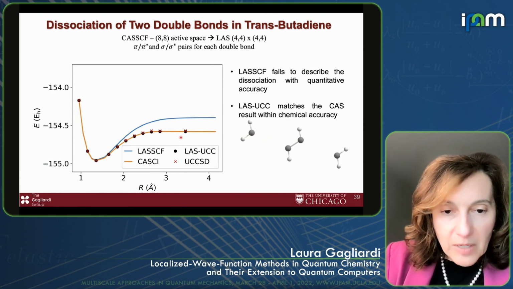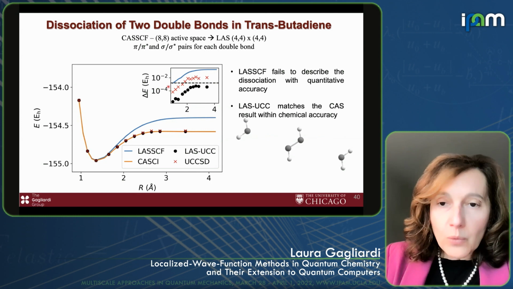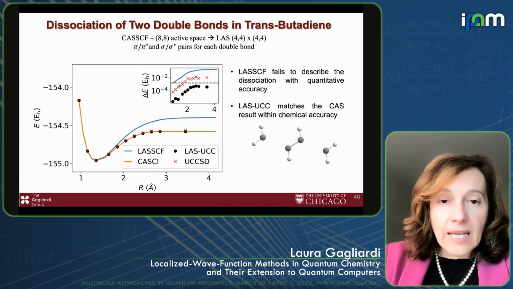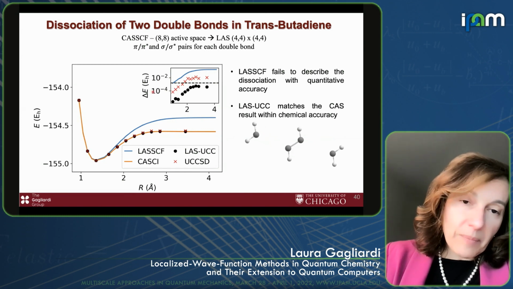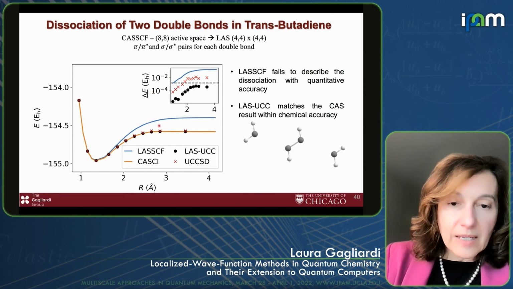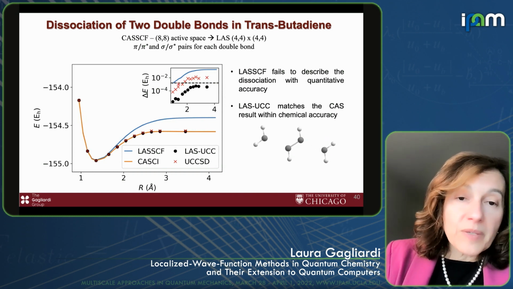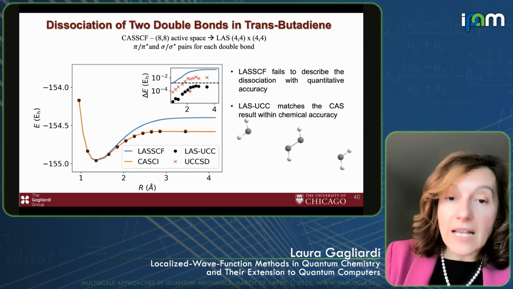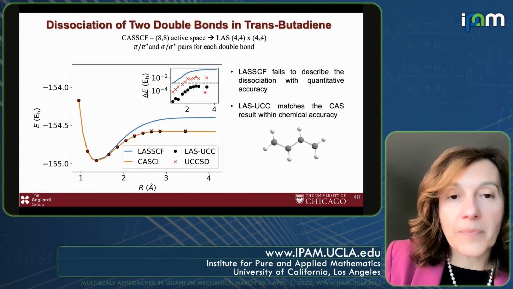However, if we zoom in on this region between 2 and 4, we see that this is the error of the methods with respect to CAS-CI, and we see that UCCSD performs not as well as our LAS UCC. So this is quite encouraging.